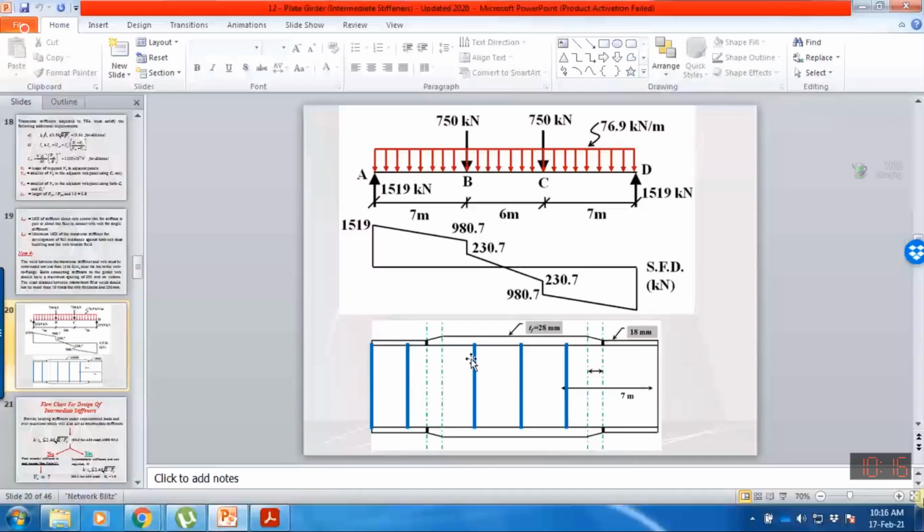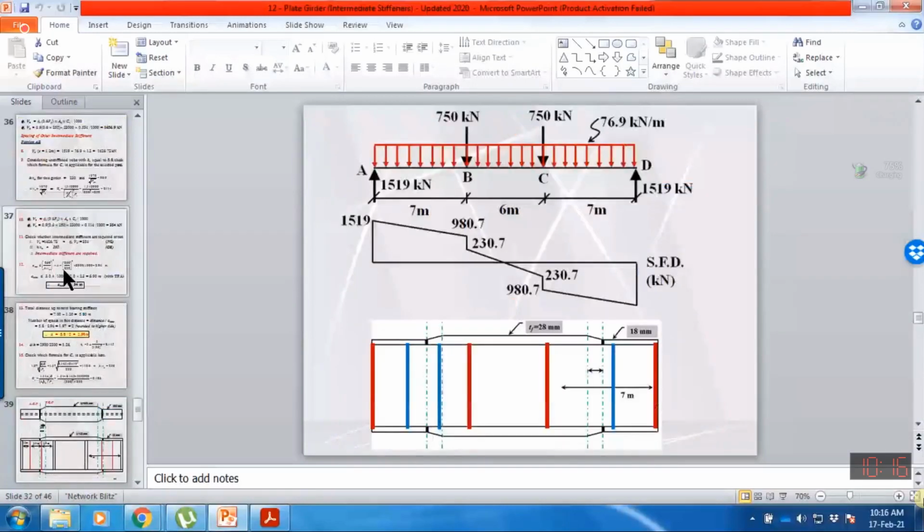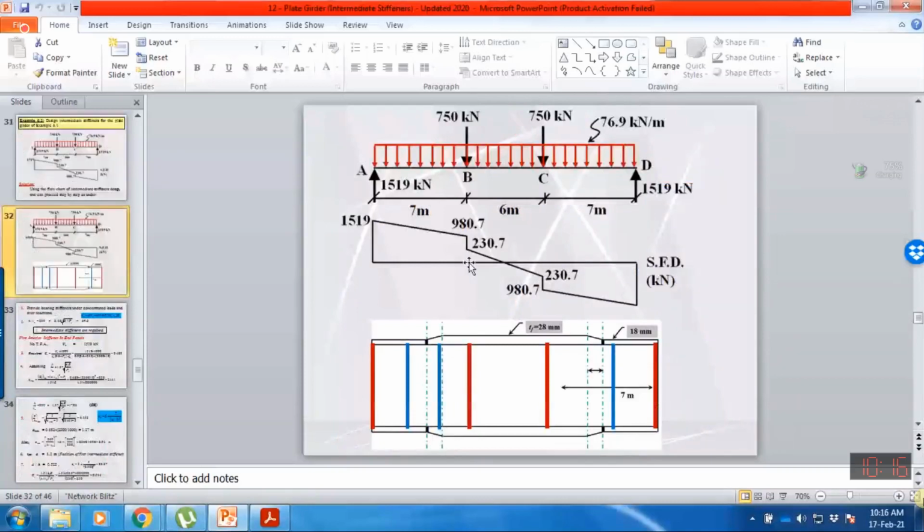So first of all, maybe I would like to show you one diagram, then I will be back. So what we do, last time, yes, this is the final diagram, but I don't want to discuss it first. Okay, this one. Actually, we already know the location of bearing stiffener.